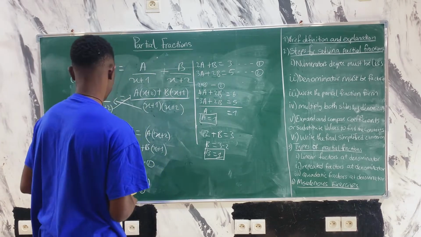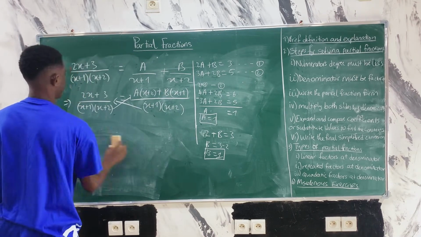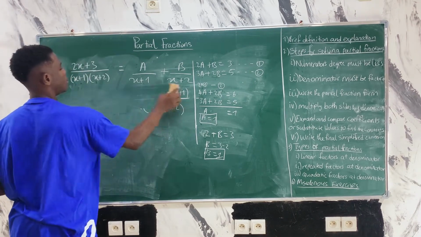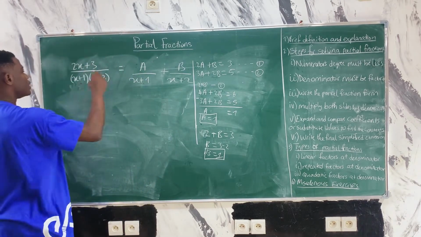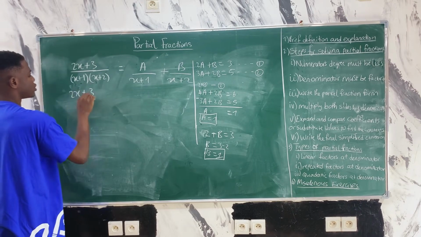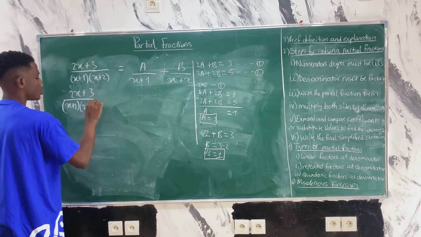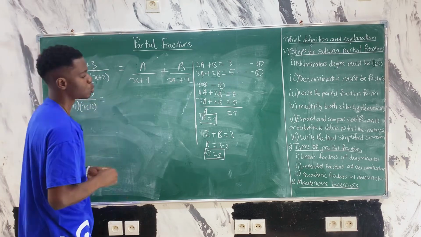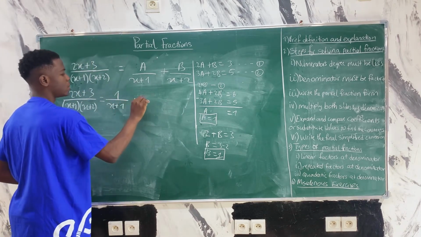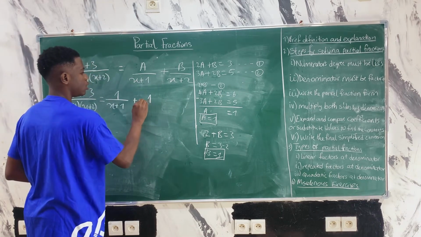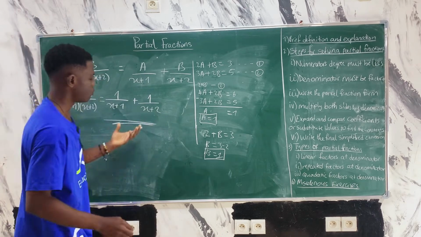So my final answer is going to be, I copy this, 2x plus 3 on x plus 1 into x plus 2, is equal to, my a is 1, 1 on x plus 1, plus my b is also 1, 1 on x plus 2. And here I'm done.